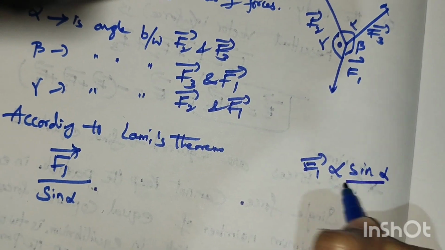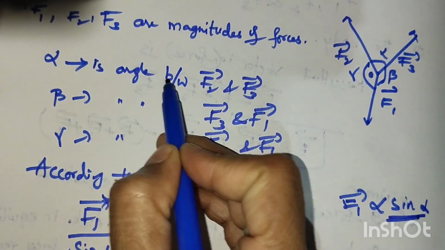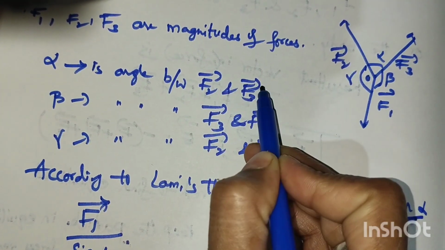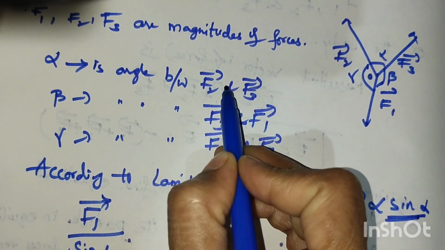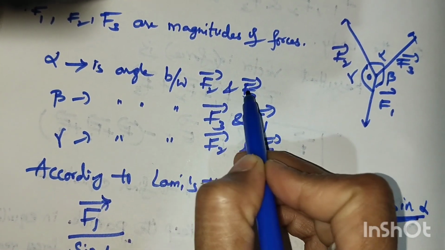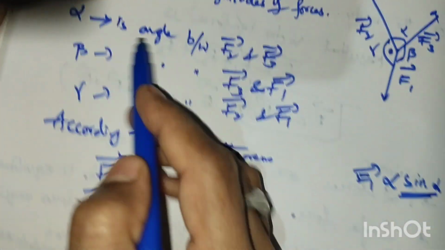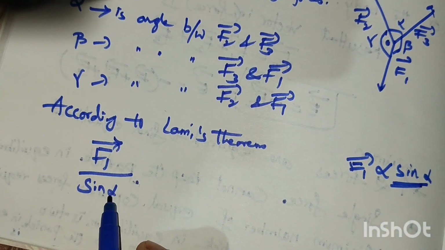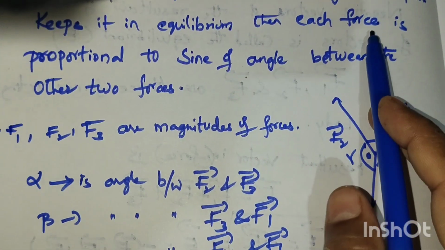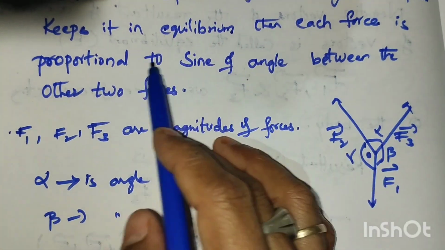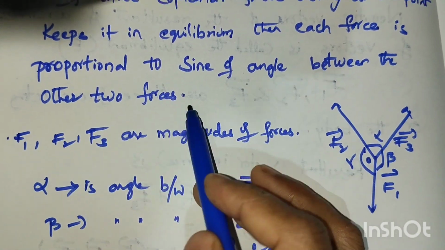Why am I writing sine alpha only? Here alpha is the angle between F2 bar and F3 bar, so this angle's sine will be proportional to F1 bar, that is F1 bar by sine alpha. I said in the statement that each force is proportional to the sine of the angle between the other two forces.